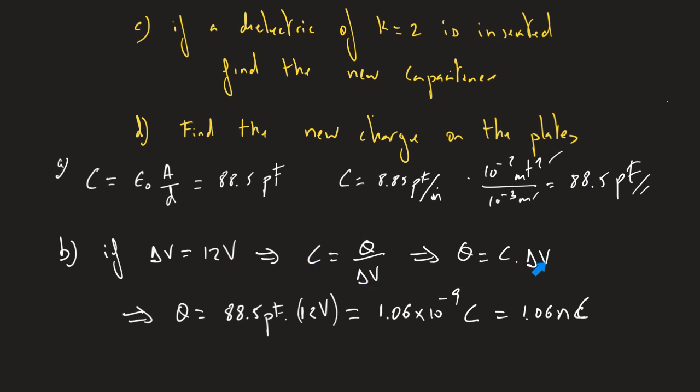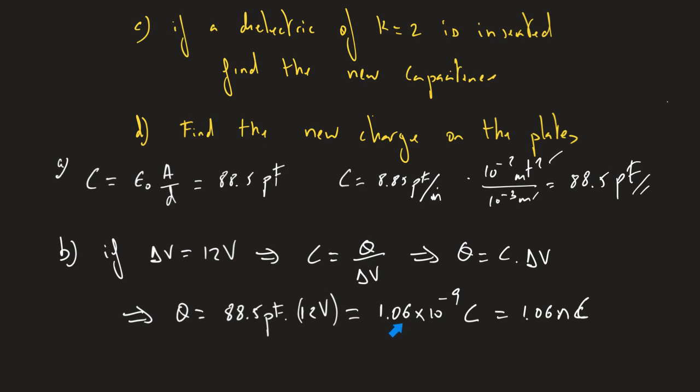If you make the calculation, it is very easy. C is 88.5 picofarad times 12 volts. Picofarad times volts is coulomb, is charge. Farad per volt is coulomb.